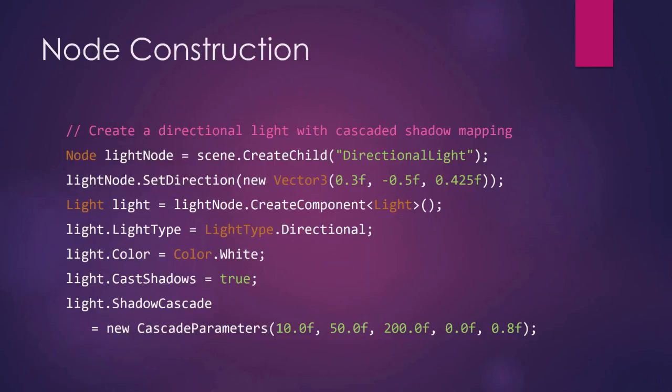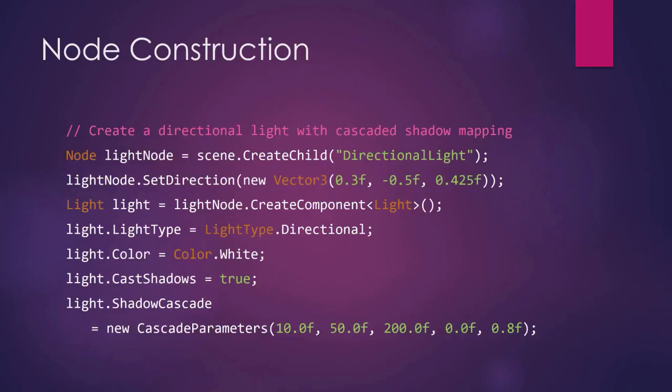In this case, it's a light, not an enemy, but the principle is the same. So this code might be inside a create light helper method, and would return. It doesn't even need to return the light node unless you need a reference to it later.